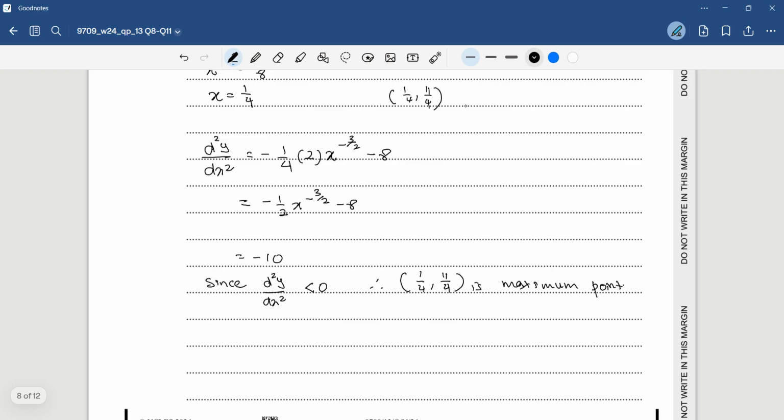Take note, if your d square y over dx square is less than 0, then it is a maximum point. If d square y over dx square is more than 0, then it's a minimum point. And if it is equivalent to 0, then it is a point of inflection.